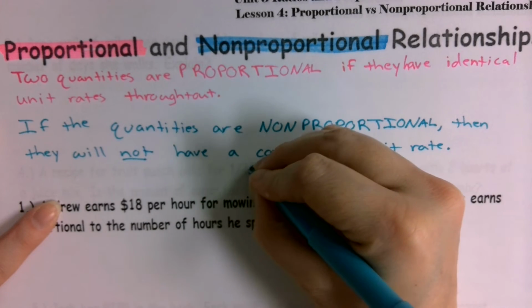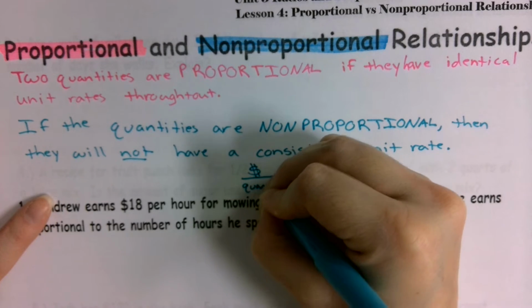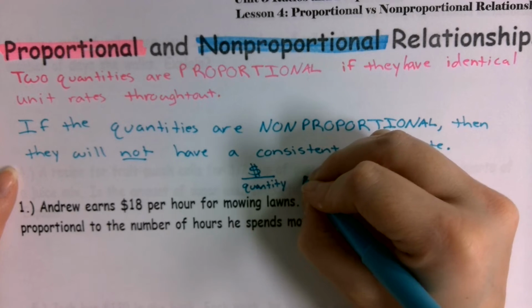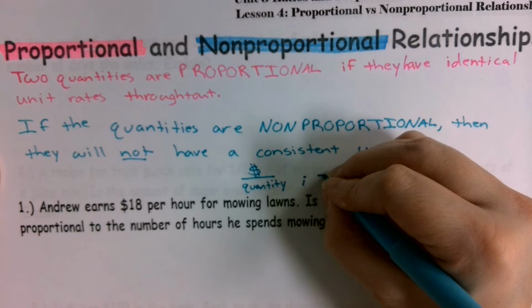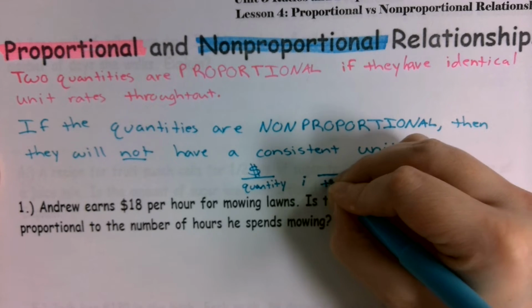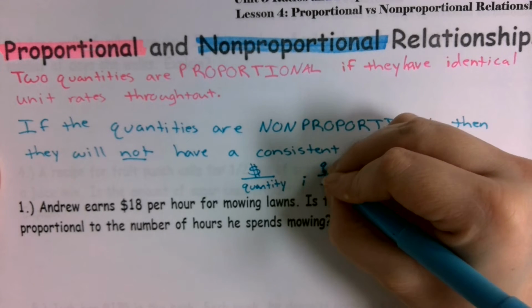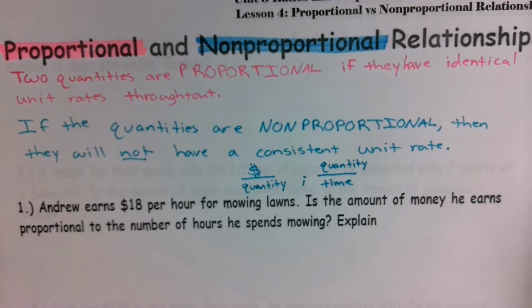So, money will always go over a quantity. Okay, same thing when we're comparing with time. Time has a very specific spot that it always goes on. Time will always go on the bottom of a ratio. So you would always take a specific quantity and put it over time.